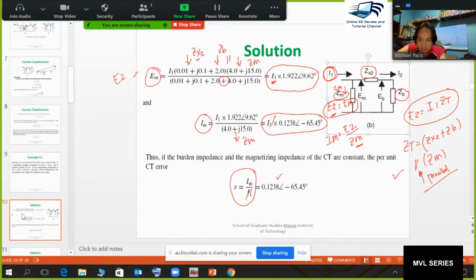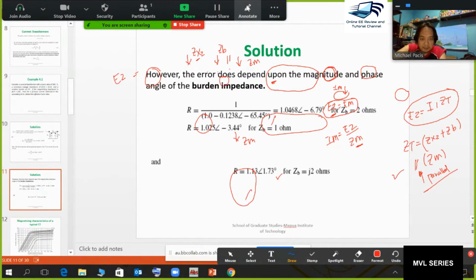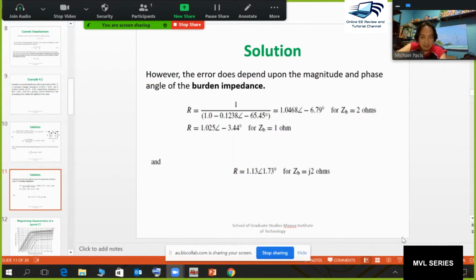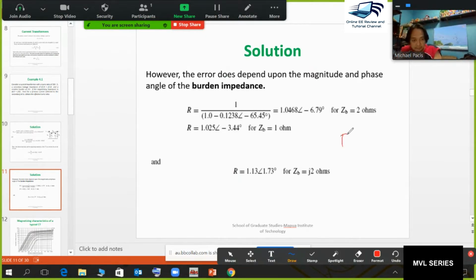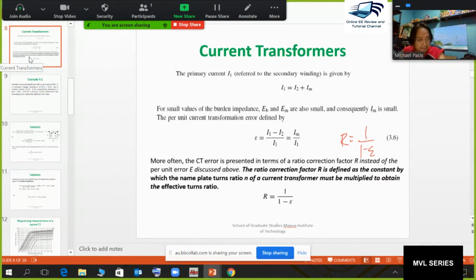Okay, in this way, we can now move forward to this, and then we can clear all the drawings here. The turns ratio, if you can still recall, your R is 1 minus the error E. If you go back a few slides, the R is the ratio correction factor that you need to multiply by your CTR to get the effective turns ratio.